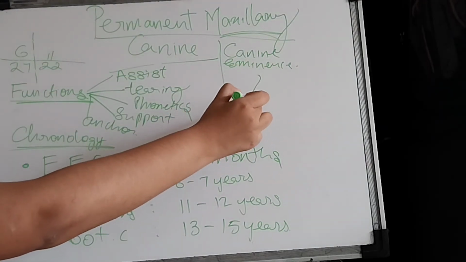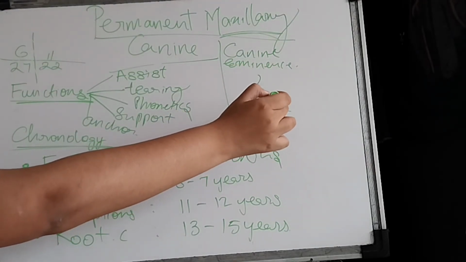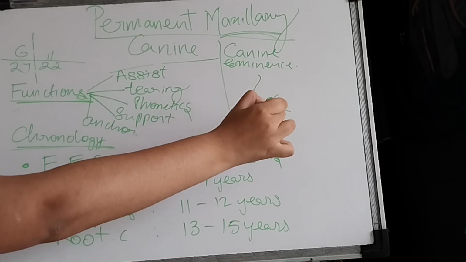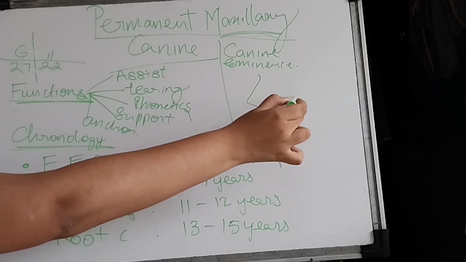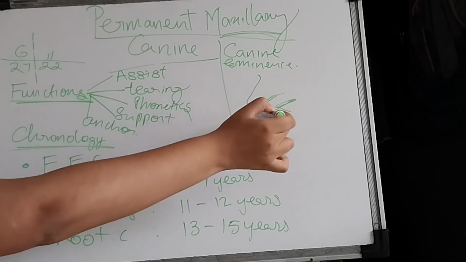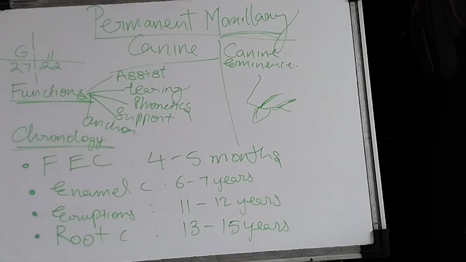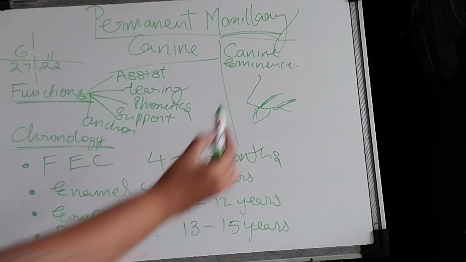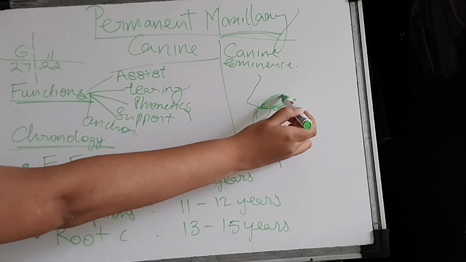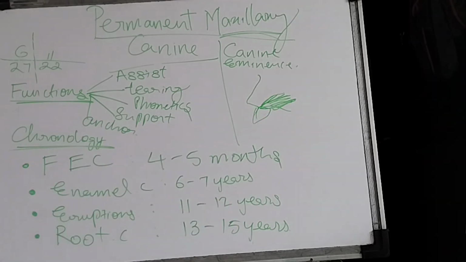Supposing this is my maxillary bone and here is my canine. Inside the maxilla they have alveolar processes, right? So these sockets form what? The canine eminence.